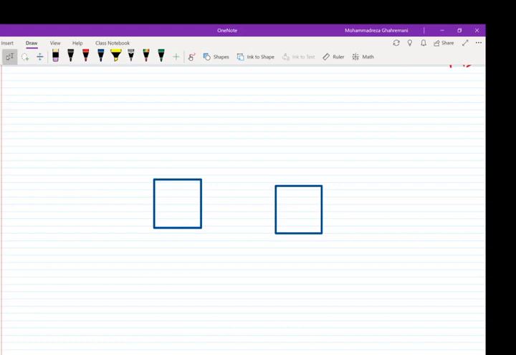Okay, so we have the latch which has a D input and an enable input. The second D latch has a D input, an enable input, and Q and Q bar outputs. The first latch we call the master. The second latch we call the slave.